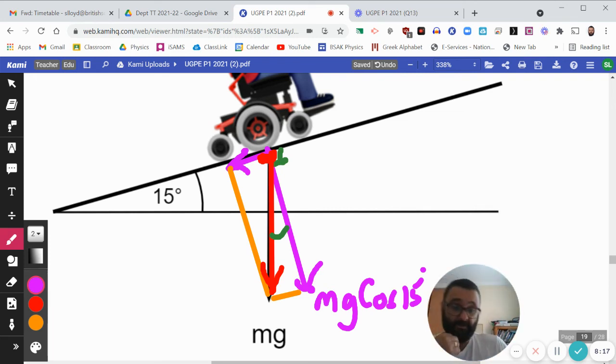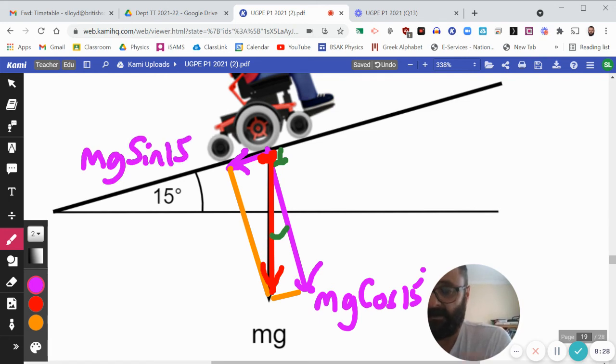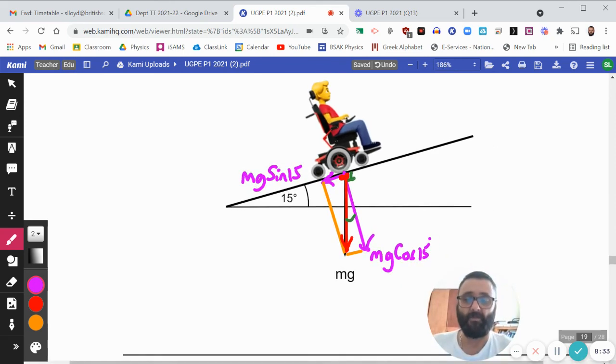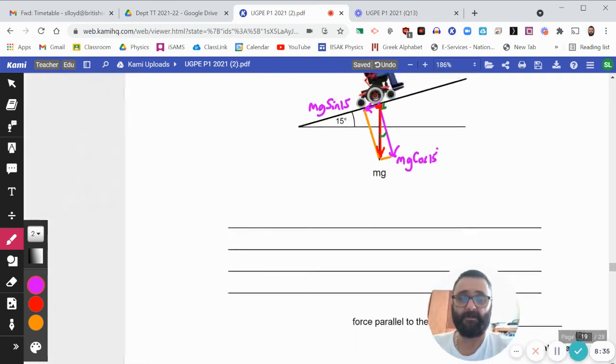Now, the component we want, the component of the weight which is down the slope, that's this one up here, which is mg sine 15. That's the component we want down the slope.